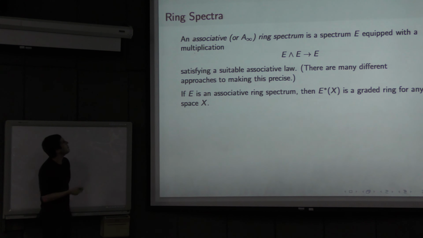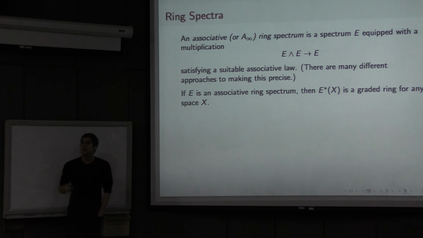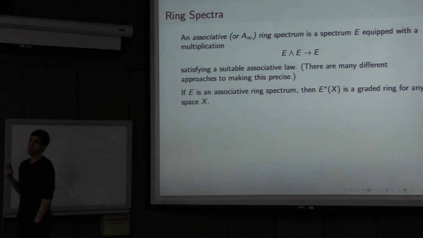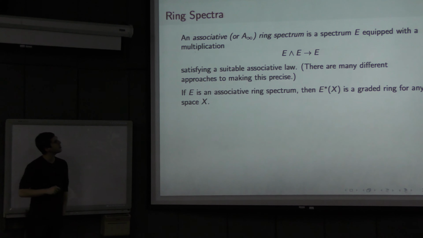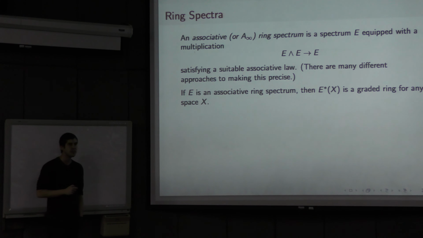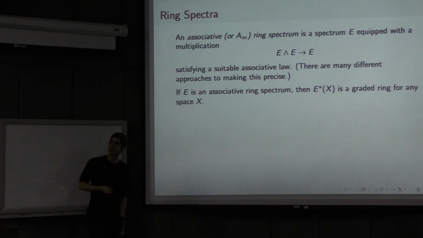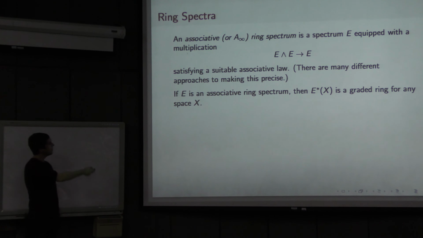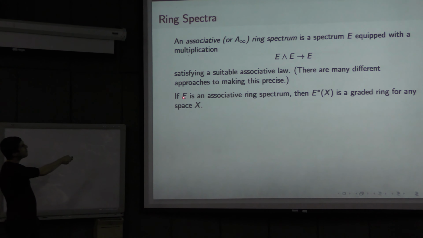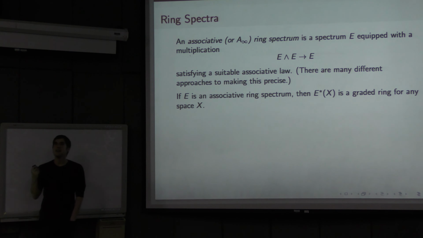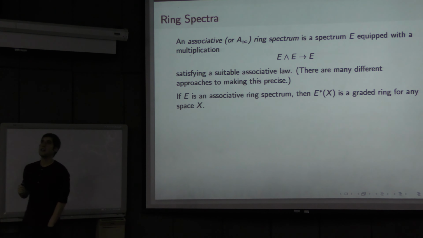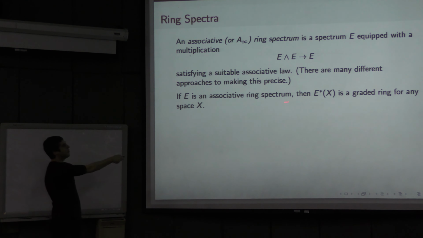So if you have any spectrum E at all, you can think of it as a cohomology theory. So it's an invariant that assigns to every topological space a graded abelian group. Now, if you have not just a spectrum, but a ring spectrum, then that invariant has more structure. To every topological space, you can assign not just an abelian group, but a graded ring.